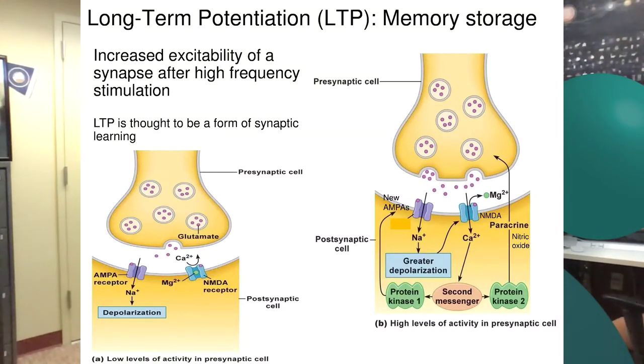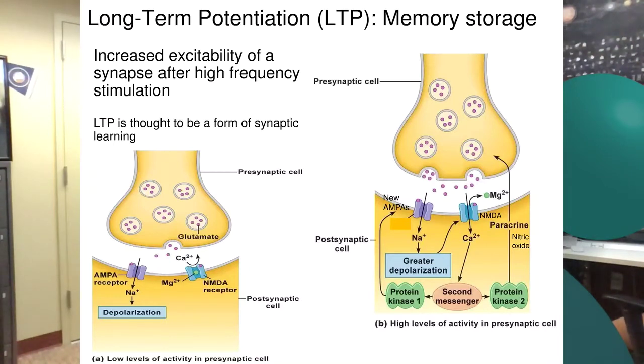So what we're doing here is information is coming in, then a neuron is stimulating another neuron, and that's where that storage of memory is coming in. We think this is a type of synaptic learning. And the more that you produce the synapse, the more receptors on the postsynaptic cell will develop and the more dendrites will develop, and then that will make the recall of the memory easier.